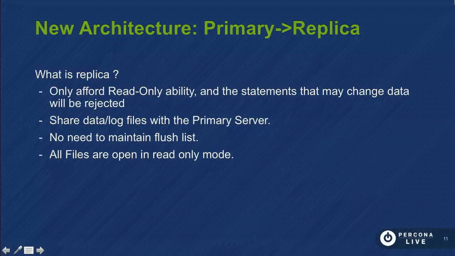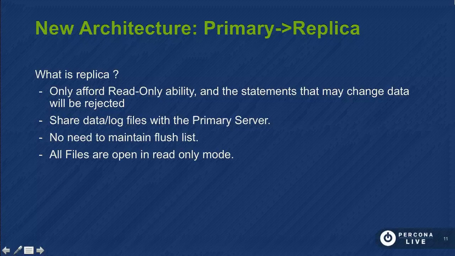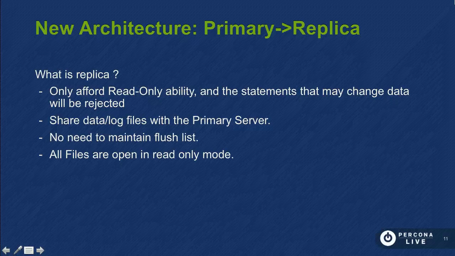Okay, here is a summary of what a replica is. It only affords read-only ability, and if you execute a statement on replica that may change the underlying data, it will be rejected, and an error will be thrown out. And it shares log and data files with the primary server.